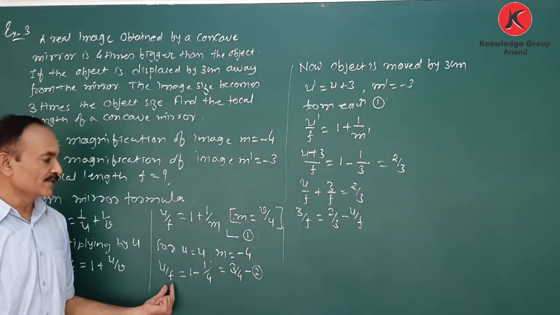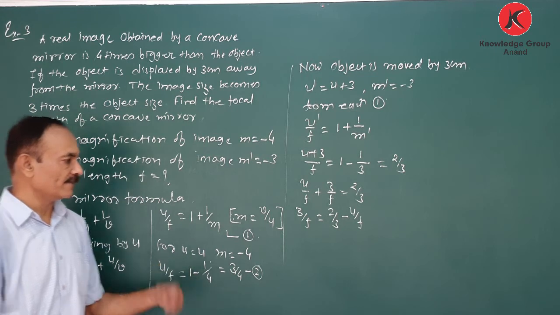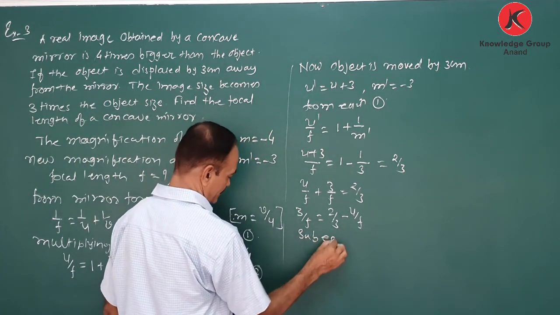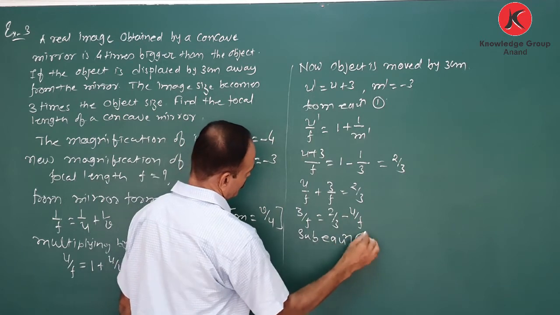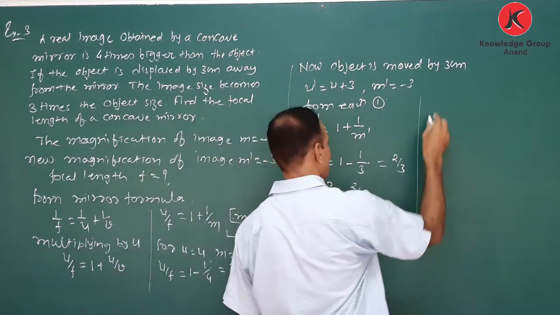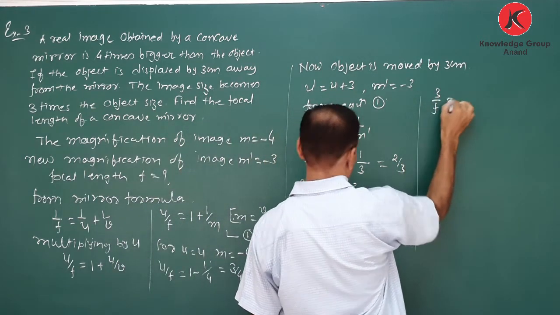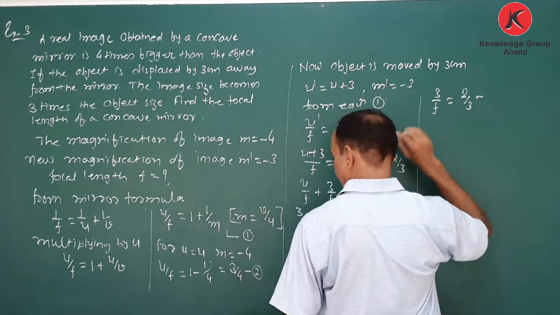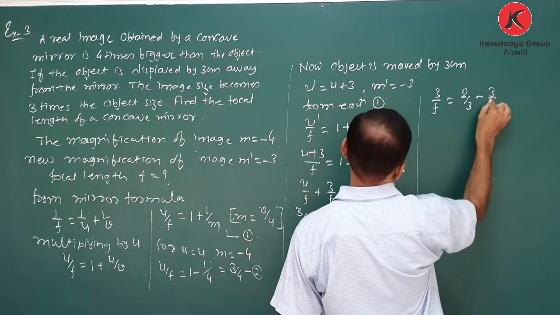From equation 2, substitute the value of u upon f. Therefore 3 by f is equal to 2 by 3 minus 3 by 4.